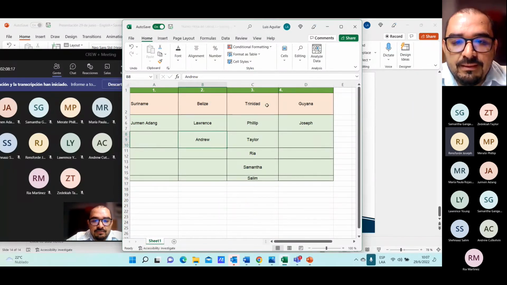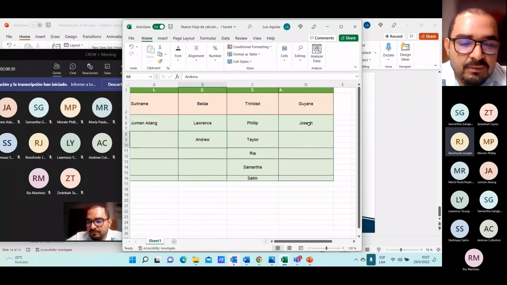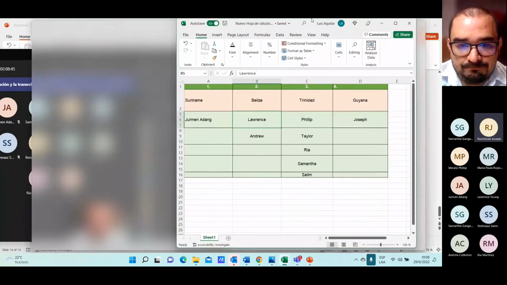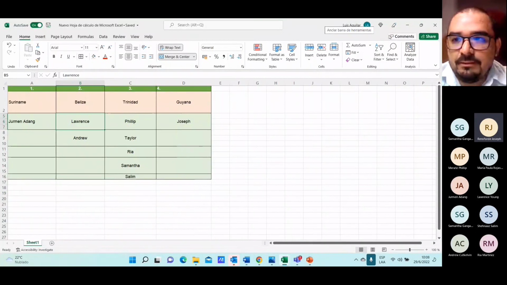In Trinidad, we have Philip, Taylor, Ria, Samantha, and Salim. And in Guyana, we have only Joseph. So, in the case of Suriname and Guyana, you can also make a team of partners if you have to make the project. And in the case of Belize, I think Andrew and Lawrence can make the project together. And in Trinidad, we have 5 participants, so we have a bigger group here.